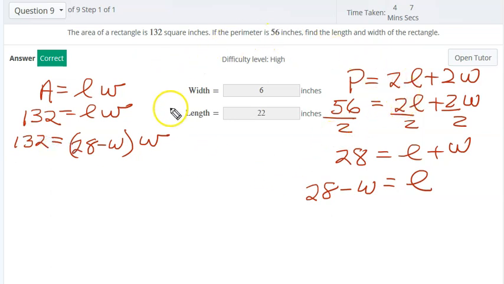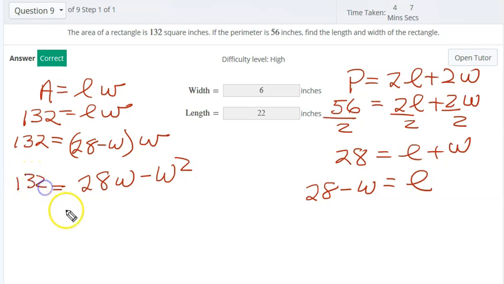So again, we had done one like this in our flipped classroom lesson. So our equation would be then, distributing that, that's 28W, and this will be a negative W squared equals 132.